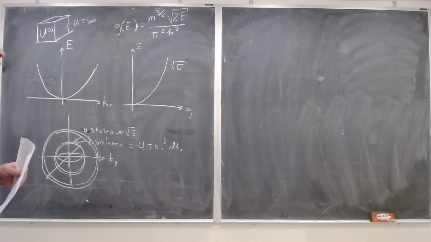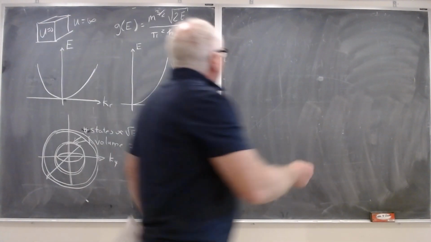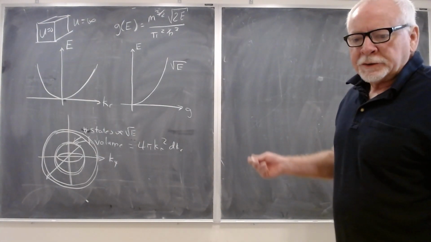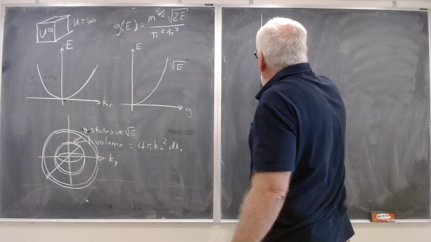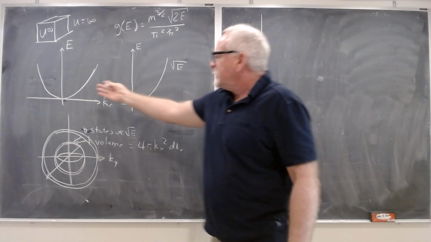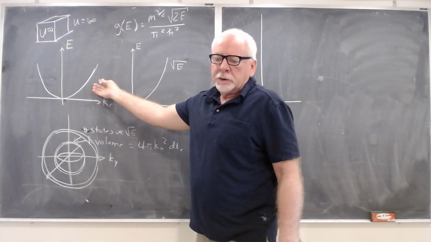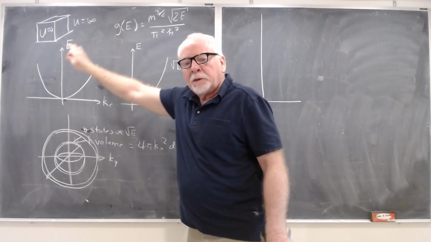Now, the simple answer is very easy. I'm going to draw this and then erase it so we can look at it more formally. This is drawing kind of what a band looks like if you have an empty box.